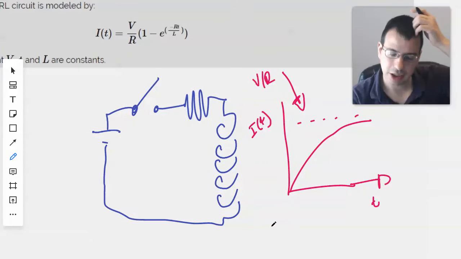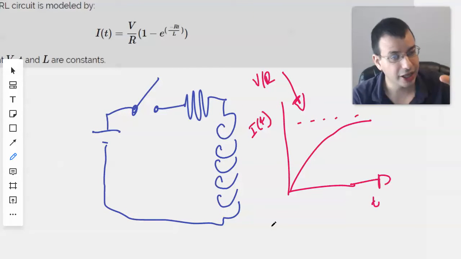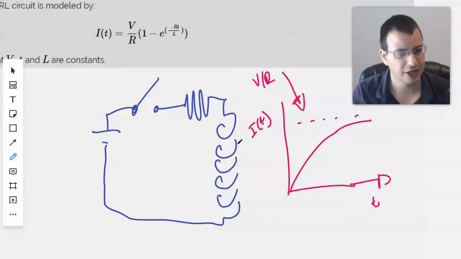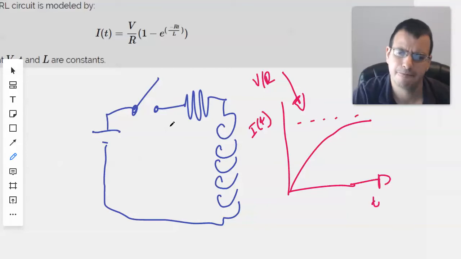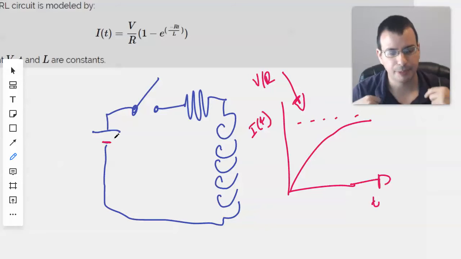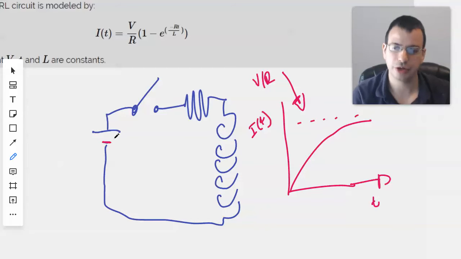And I'm a big believer in the hydraulic analogy for electrical circuits, because I think it gives an intuitive feel for these things. The hydraulic analogy would be that a battery is like a pump. It pumps water through it.